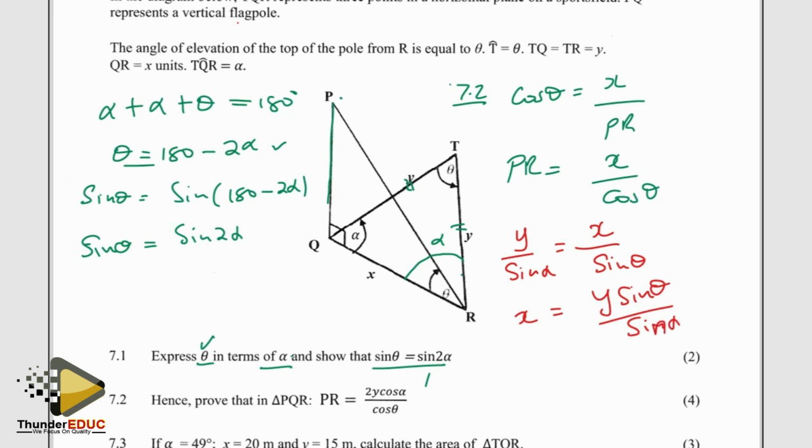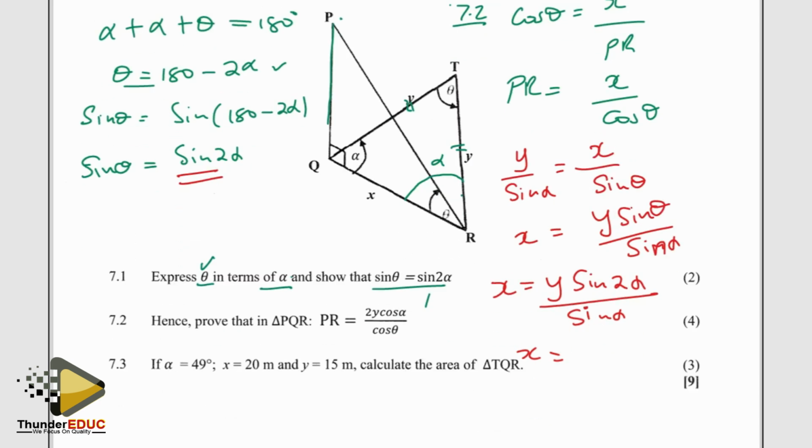But we say that sine theta is the same as sine 2 alpha. So which means it's going to be Y sine 2 alpha over sine alpha. And then simplify this by expanding that double angle. So that's going to be Y times 2 sine alpha cos alpha over the sine of alpha.